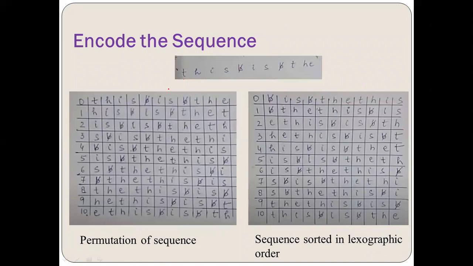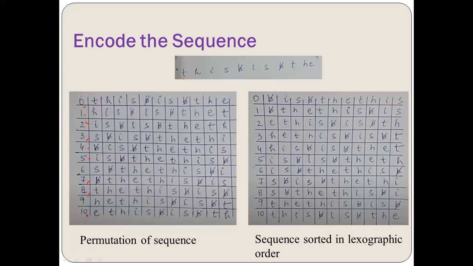So we have to make 2 tables. Firstly, we define a table from 0 to 10. That means we have 11 rows. In every question, you have to define 11 rows starting from 0 to 10, that is 0, 1, 2, 3, 4, 5, 6, 7, 8, 9, and 10.